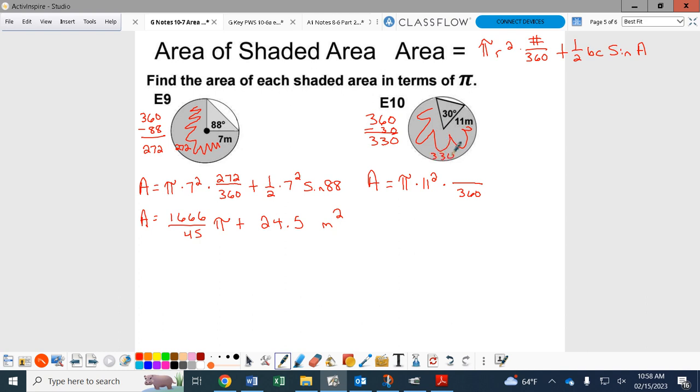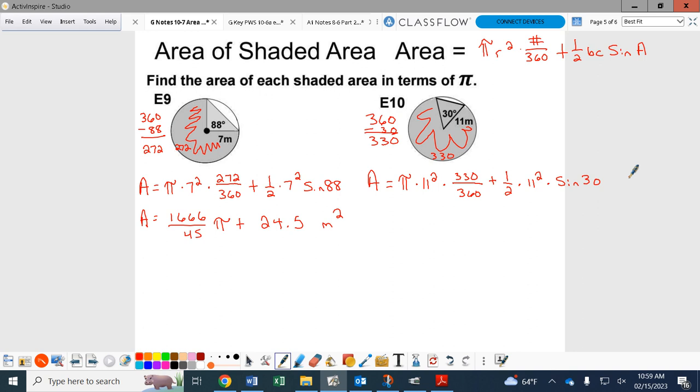I didn't do it ahead of time because I wanted to see if somebody would catch that, and they did. That's awesome. 330 out of 360 plus the triangle, which is 1/2 times 11 squared times the sine of what angle? 30. That's what goes in the sine.